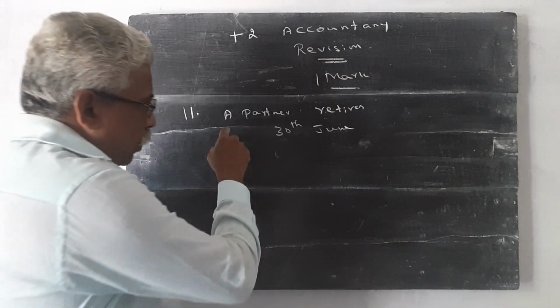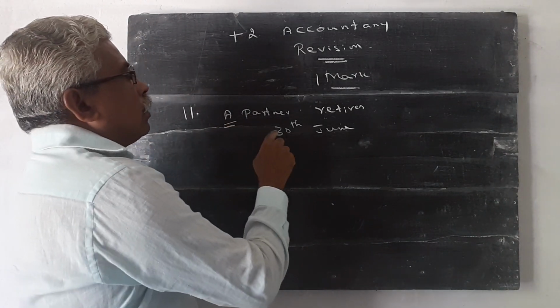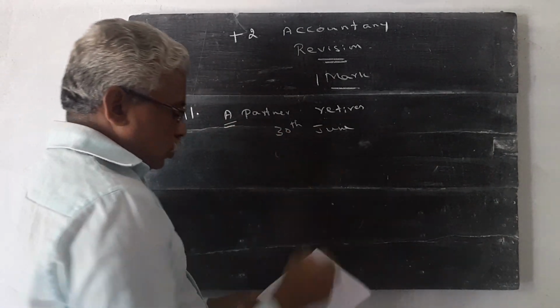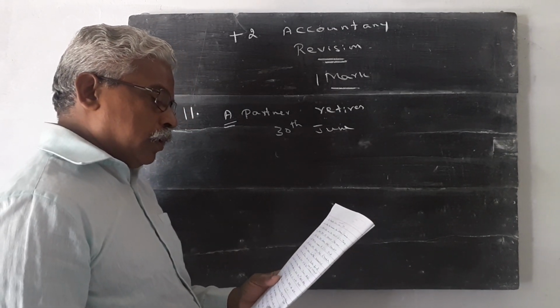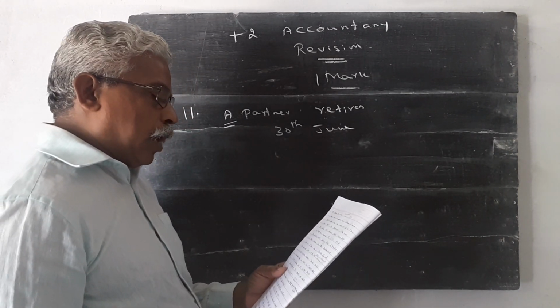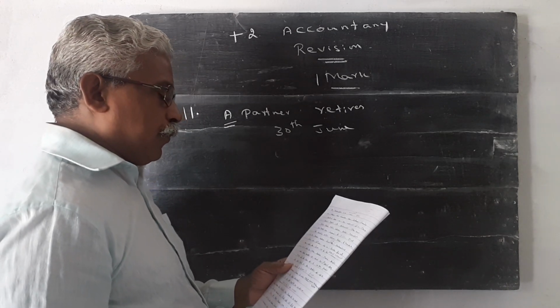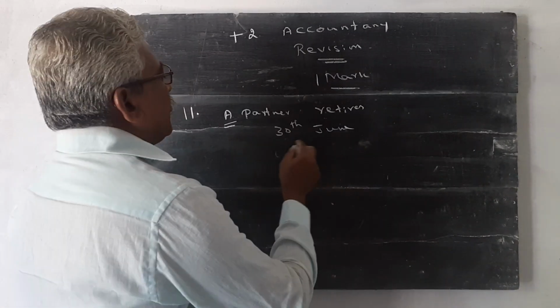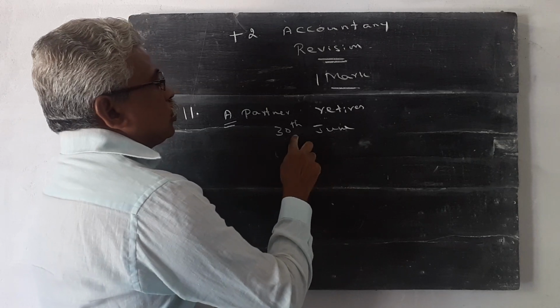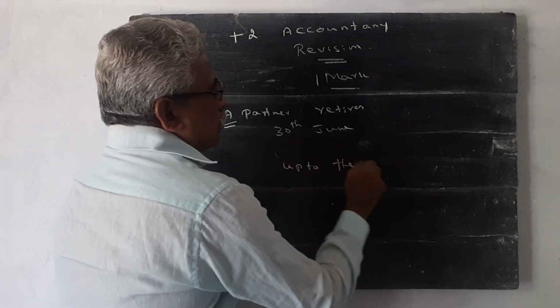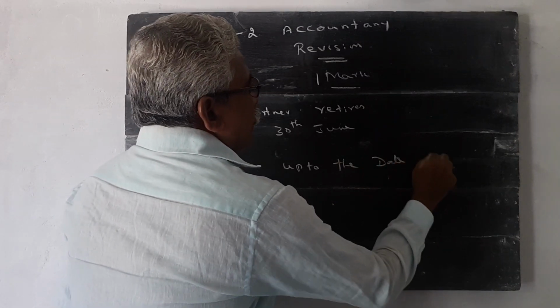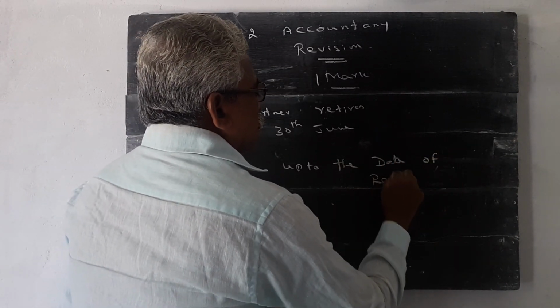A is the partner who retires on 30th June. Then he is liable for all the activities of the firm up to the date of retirement. The answer is up to the date of retirement.